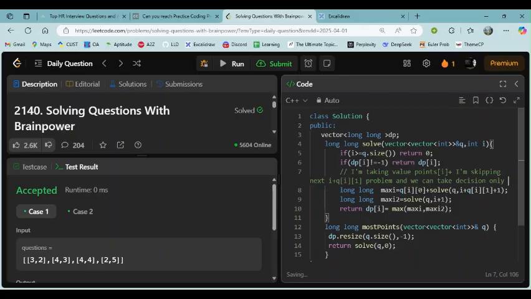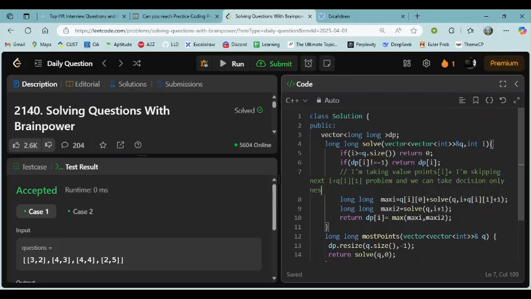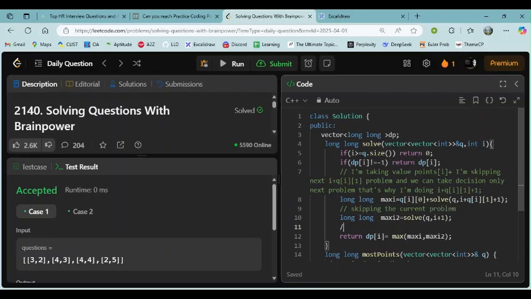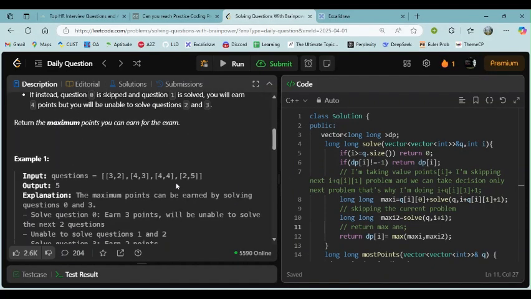We can take a decision only on the next problem. That's why I am doing i plus q[i][1] plus 1. Hope you understand this. Here I am skipping the current problem, and here I am returning my maximum answer.